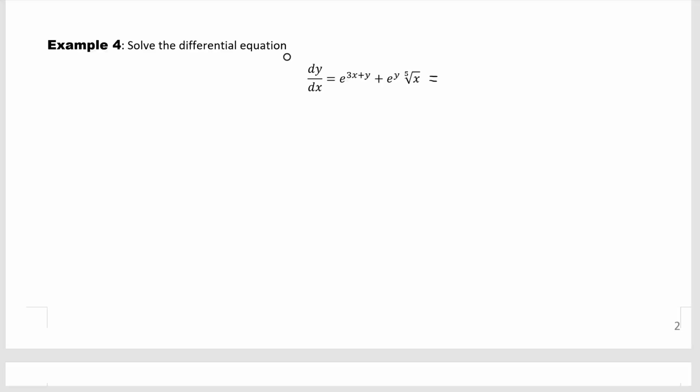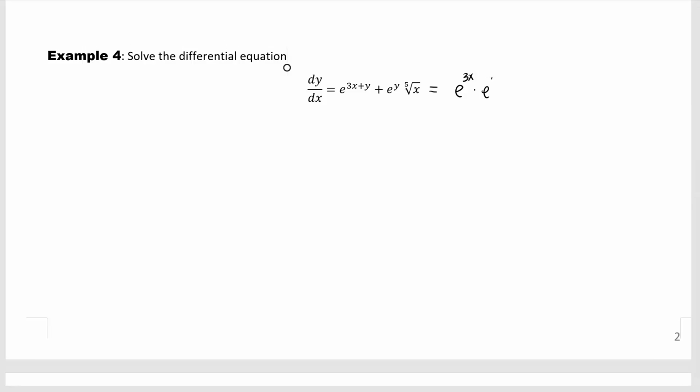Do you know what e to the 3x plus y is? That's e to the 3x times e to the y. Plus e to the y, and then this is x to the 1/5, the 5th root. Can you see the common factor? Yes, the common factor is e to the y.